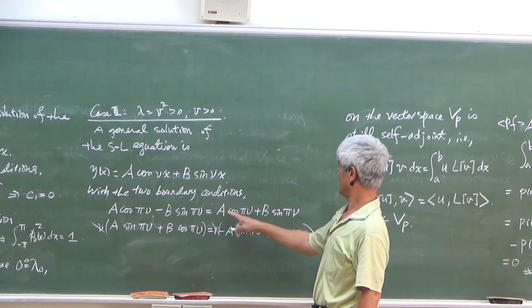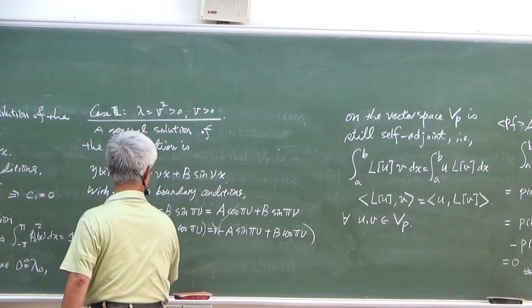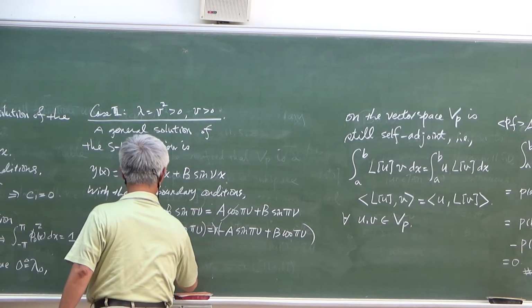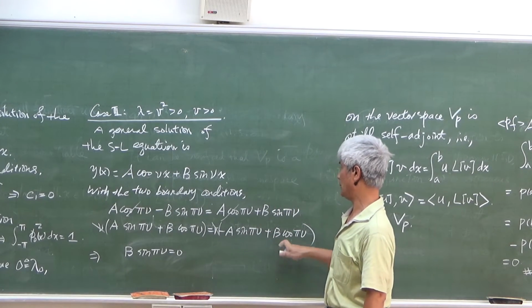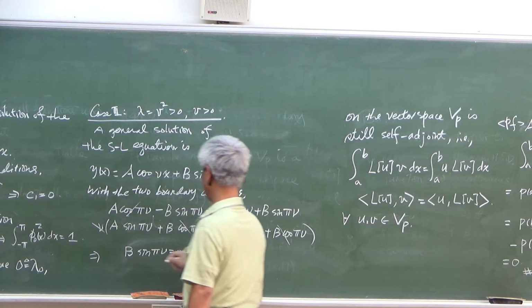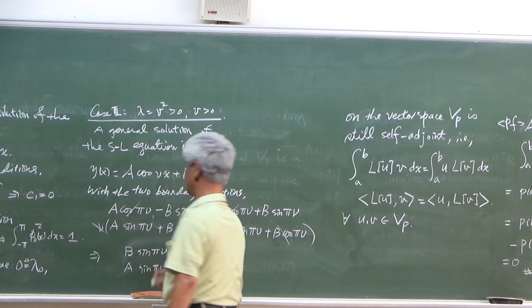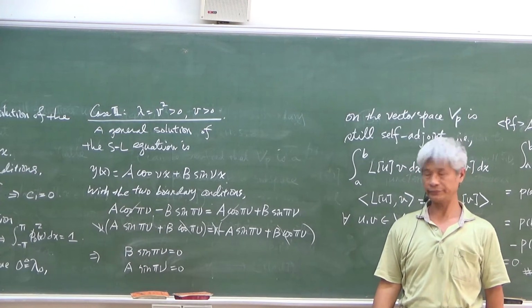Now we can cancel this one. So this implies that B times sine πμ equals 0, for the first one. For the second one, we know that A sine πμ equals 0. So we have two equations here.